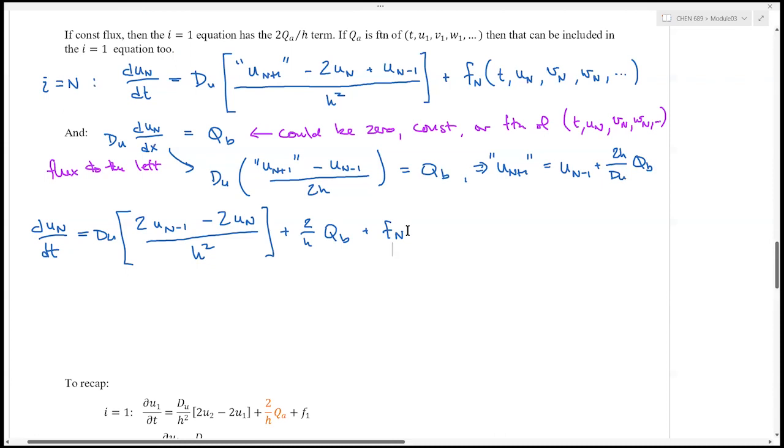So everything looks the same as it did before. You have this new term Q_B showing up in this boundary in the equation at x_n. And you have just those two terms inside the square brackets representing the row of P.